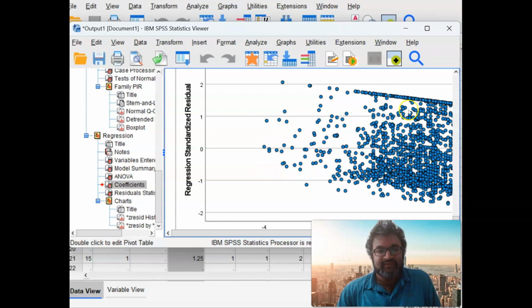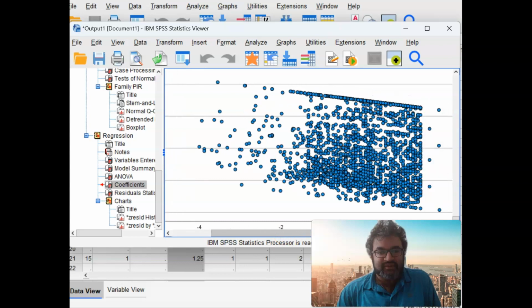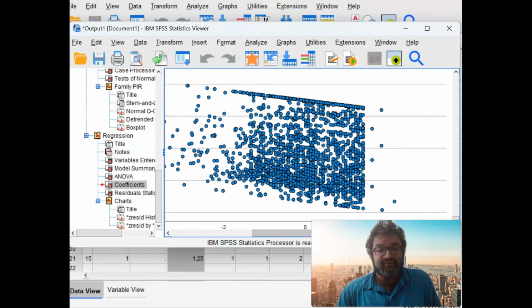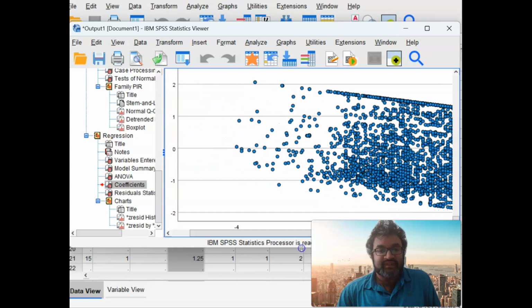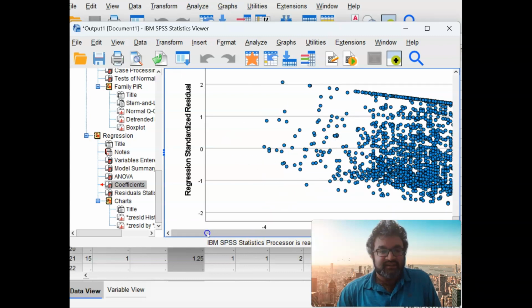If there's a lot of deviation, then there's not homoscedasticity to worry about. It's heteroscedastic. So this is homoscedastic, and that is because it doesn't change, the residual doesn't change up or down between different dependent variables.